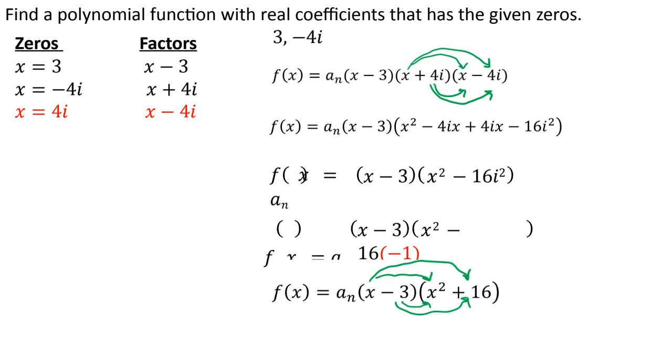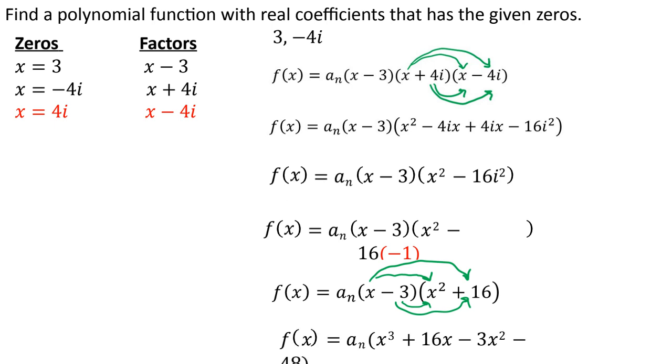Okay, so here it is. So we have x times x squared, x cubed. X times 16, 16x. Negative 3 times x squared, negative 3x squared. And negative 3 times 16 is negative 48, which is down there. But this is negative 48. Okay.